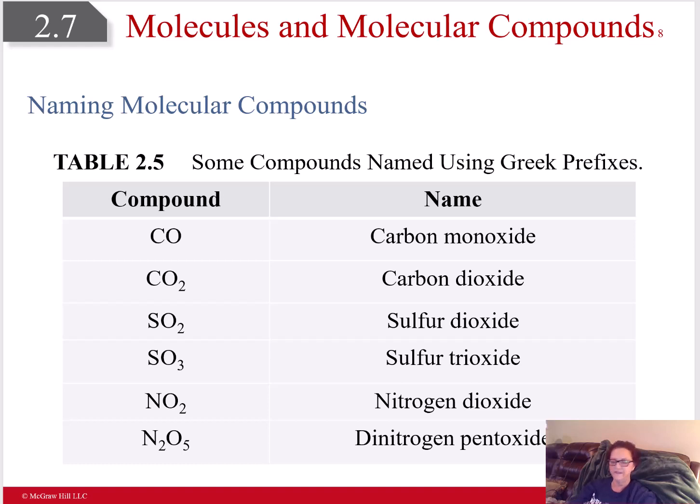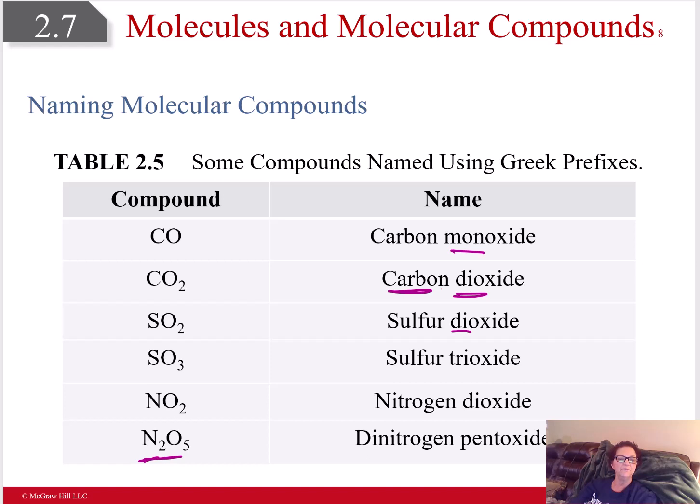So in this naming system, we have carbon monoxide. Notice that instead of saying monoxide, we just drop one of the O's because it's easier to say. And then carbon dioxide, because it has 2. Sulfur dioxide.